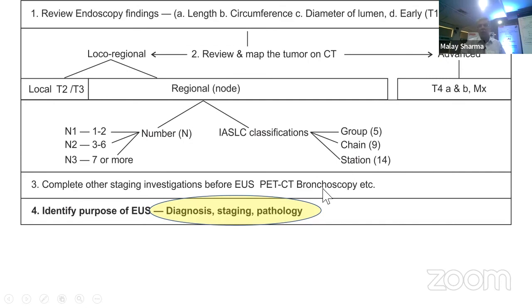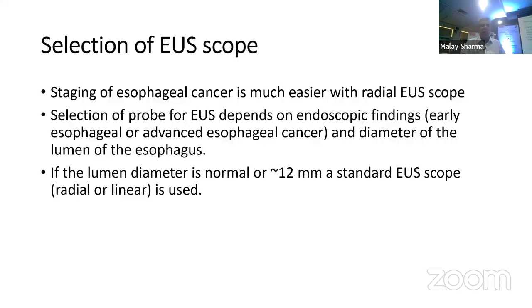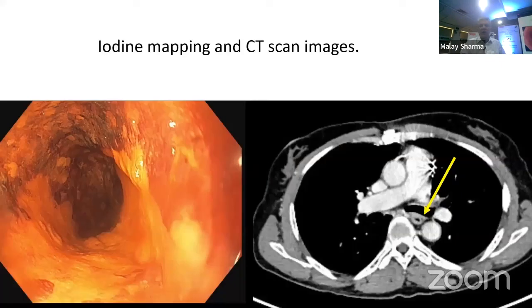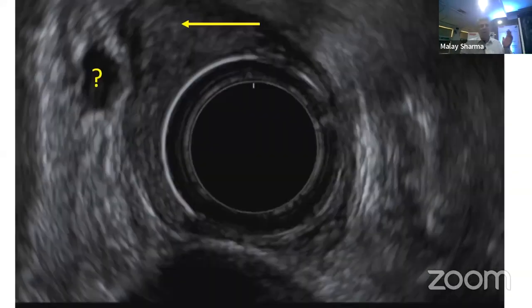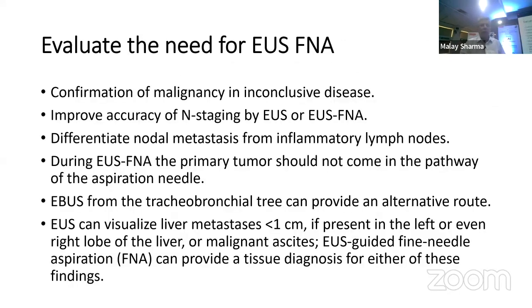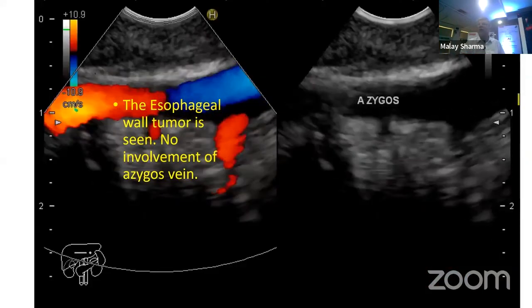And then this is the purpose of EUS. You may select a mini probe, select a radial probe. You can select a smaller scope, bronchoscope, EBUS scope, whatever scope you want to try. And then you do mapping, endoscopy, identify the tumor, and then you follow up all these cases. So the EUS need is always different.